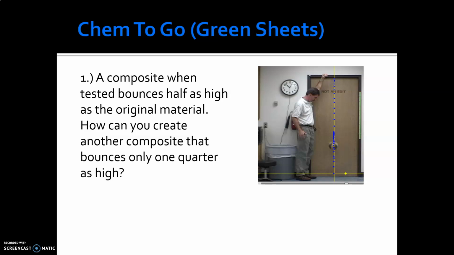So we would want to double our composite material again in order to get our bounce to decrease in half again. So in this scenario, the composite material actually decreased our physical property. While it may have increased other physical properties, in particular, it decreased the bounce here. Alrighty.